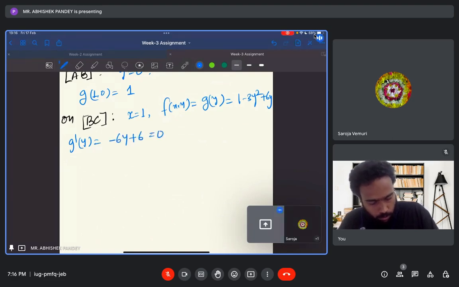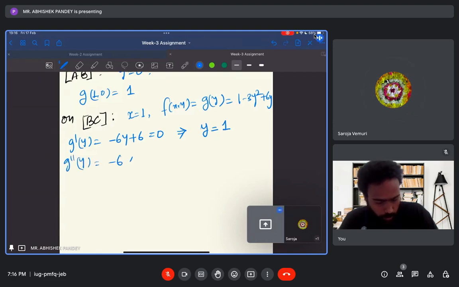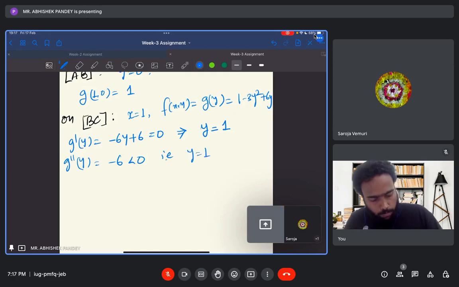This is 0, which implies y is equal to 1, and g double dash y is equal to minus 6, which is less than 0. That is, y equals 1 is a maximum. Once y equals 1, x equals 1. So f of 1 comma 1 is 1 minus 3 plus 6, which equals 4.